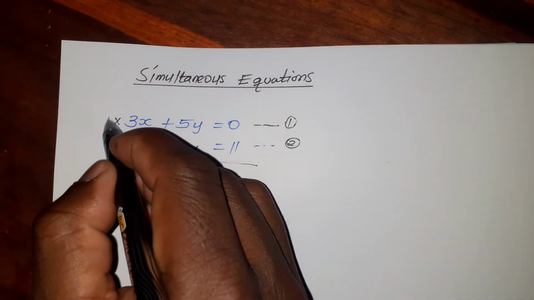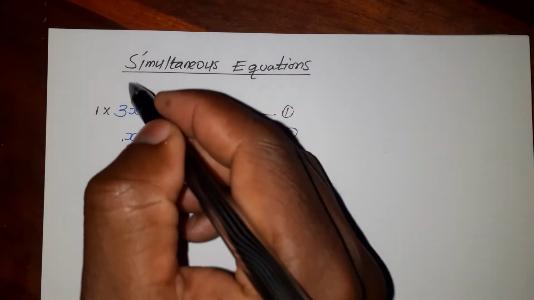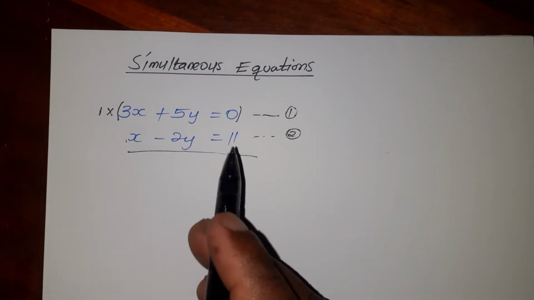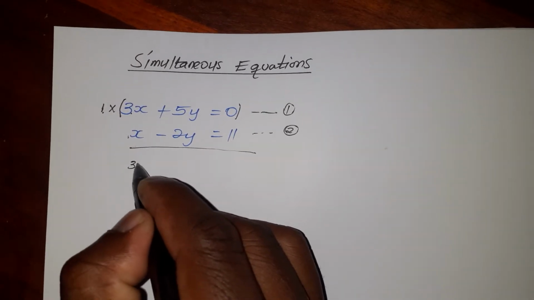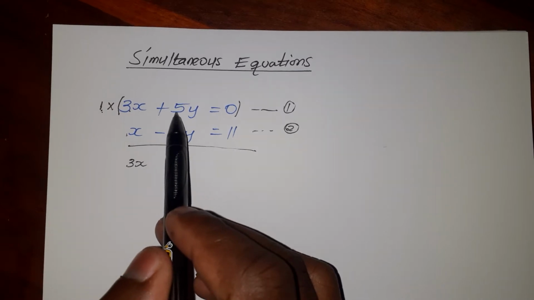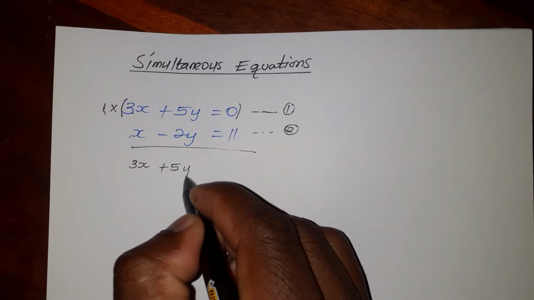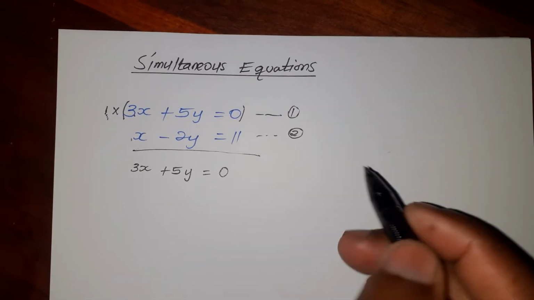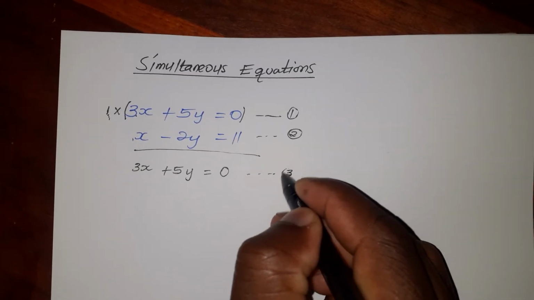We multiply throughout by 1, so it's better if we put brackets like that. 1 times 3x, we get 3x. 1 times positive 5y, we get 5y, equal to 1 times 0, still 0. This is our equation number 3.